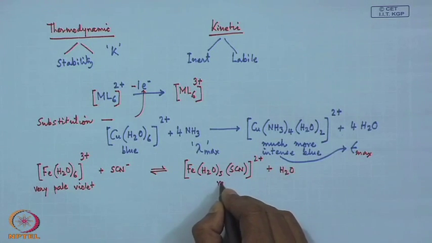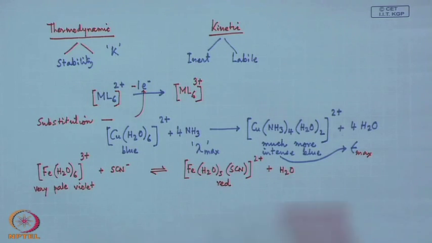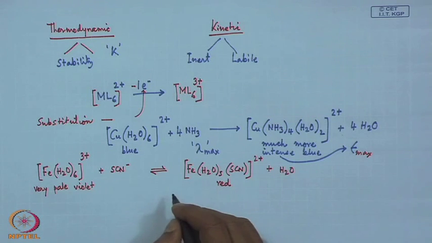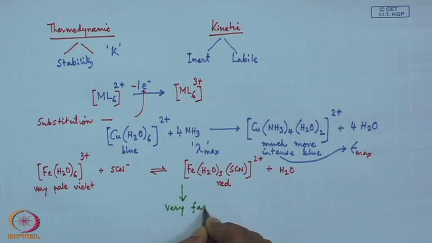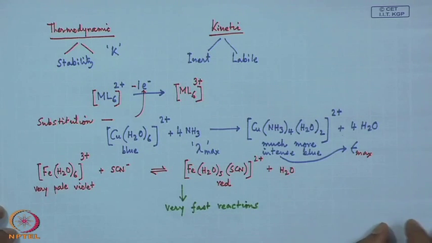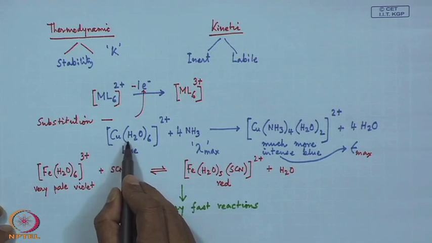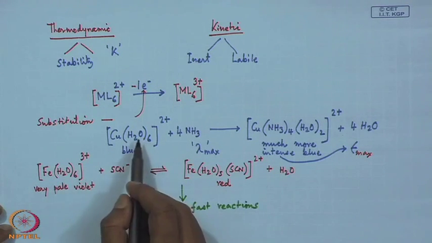So, there is a characteristic color change if we get attachment of only one such thiocyanate group to the iron site, and this red color formation is very fast. These are very fast reactions. So, this copper compound and this iron compound, both of them are aqua compounds.